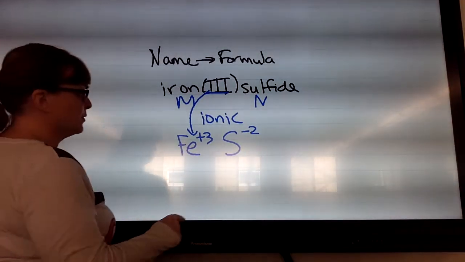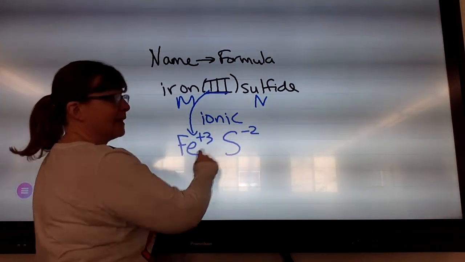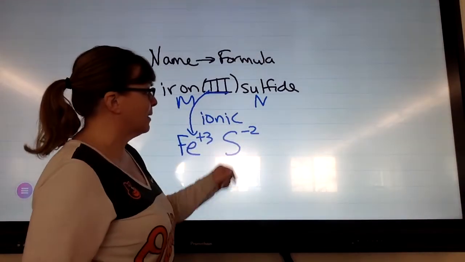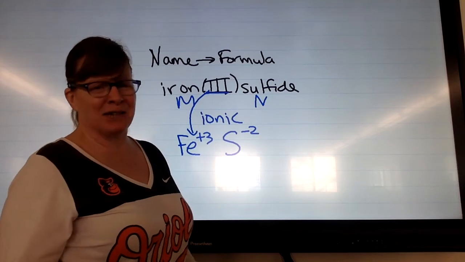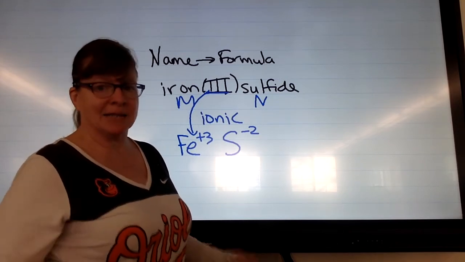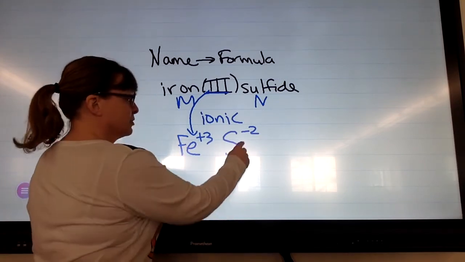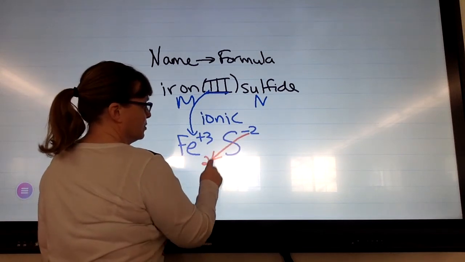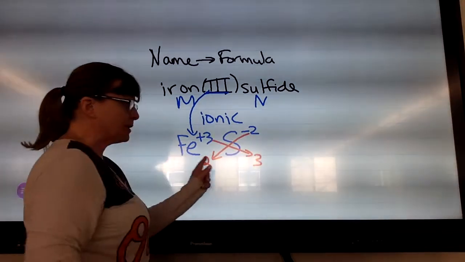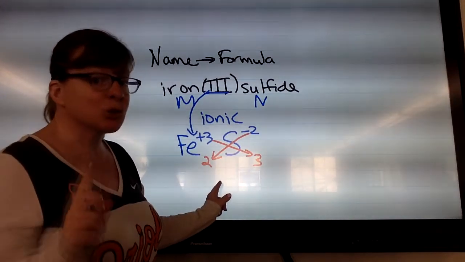We can use something called the crisscross method because these charges don't add up to 0, do they? +3 and -2, that adds up to +1. That's not possible. It has to add up to 0. So here's a trick. Put the 2 here and the 3 there. Notice there's no charges.